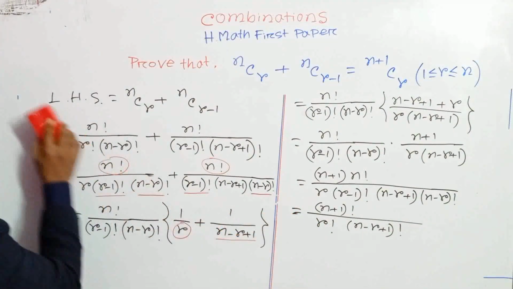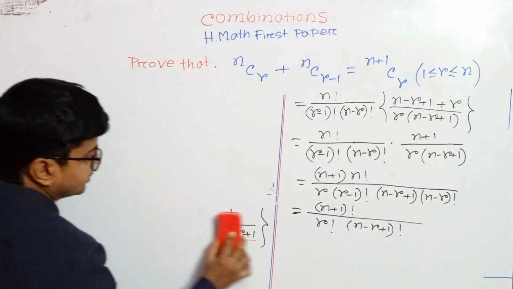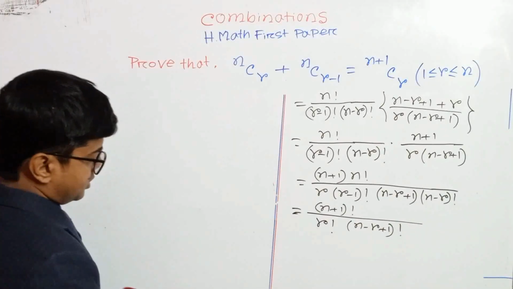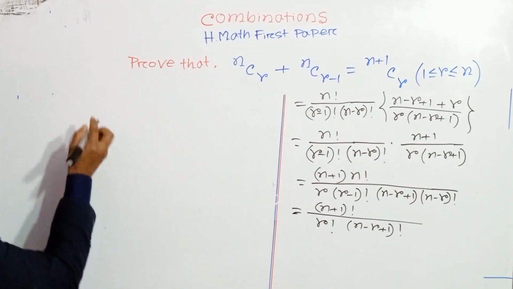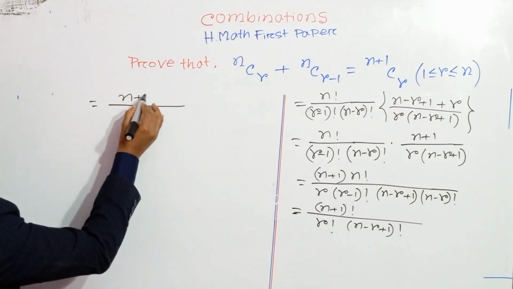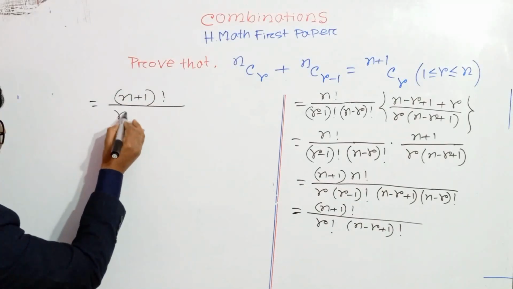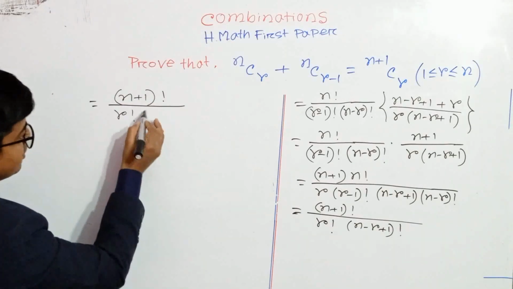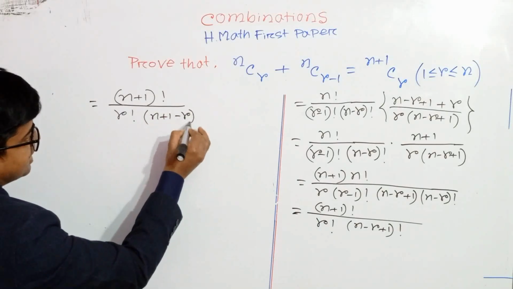After this line we can write factorial n plus 1 over factorial r into factorial n plus 1 minus r.